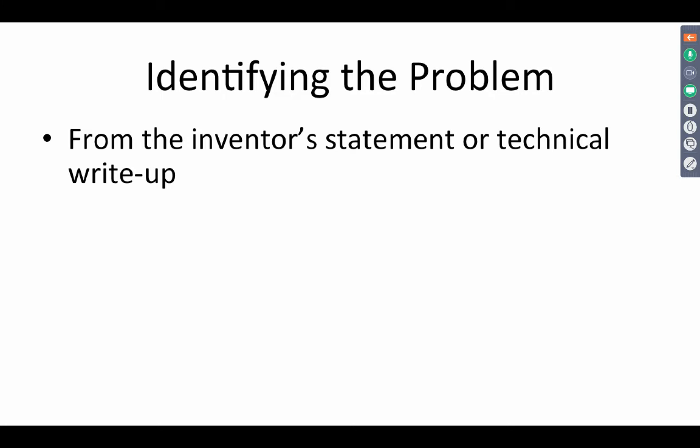When you read the inventor statement, you should be able to identify the problem that the invention solved. If it's not clear from the statement, you could have interviews and questions raised for the inventor to answer, in a long drawn process where you determine what problem the invention solved.